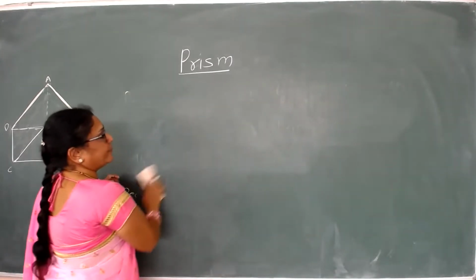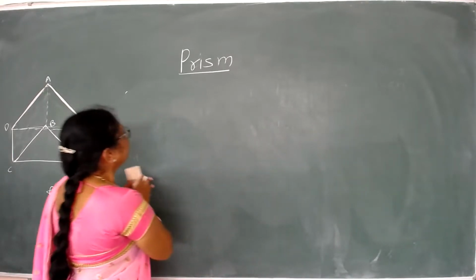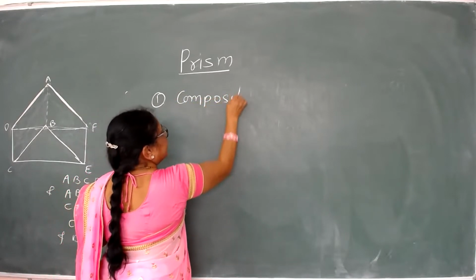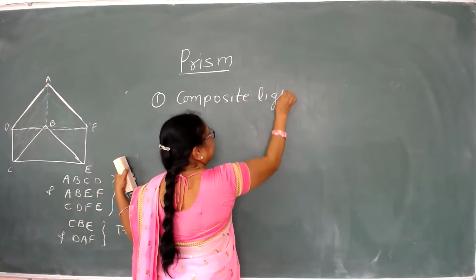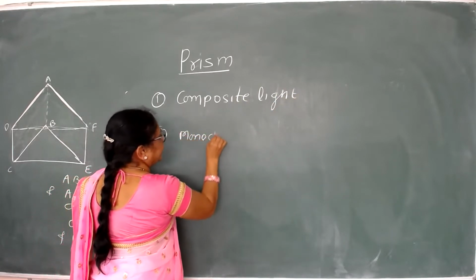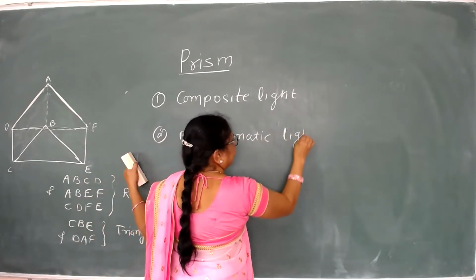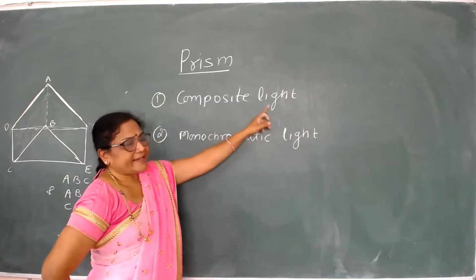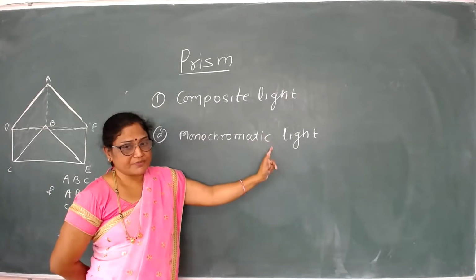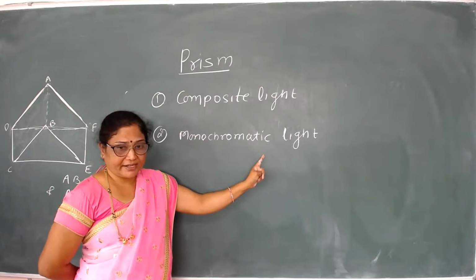When the ray of light propagates from one place to another, it propagates in two forms. One is composite light and another one is monochromatic light.